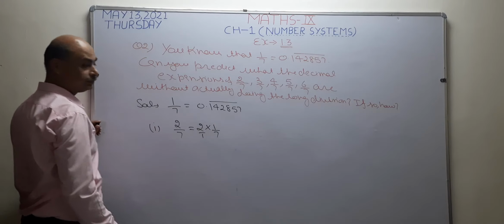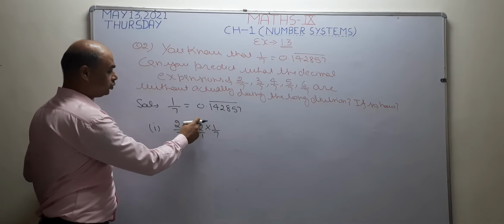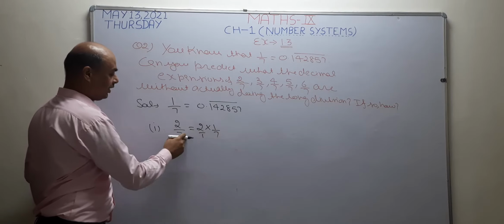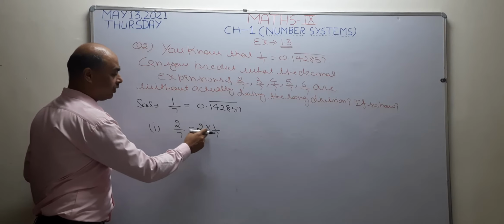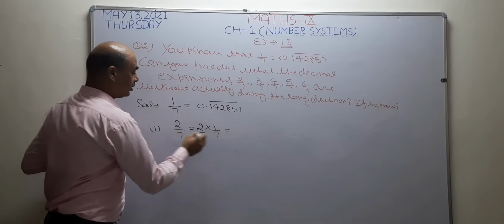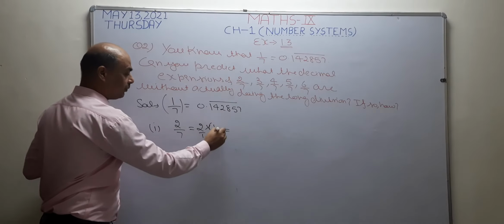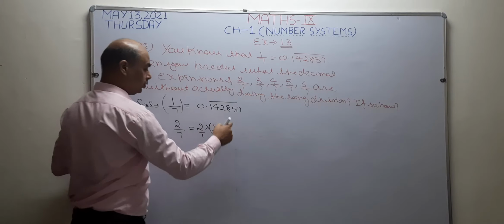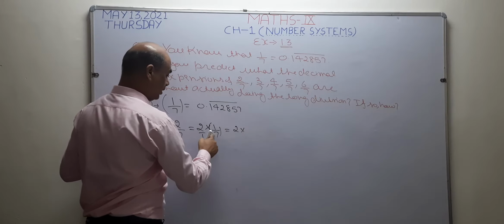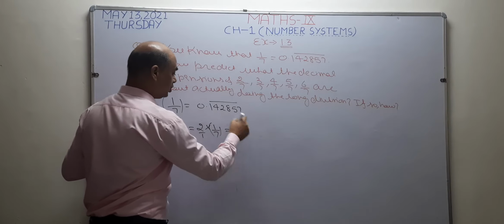Is it possible? Yes, it is possible. Why? Because 2 ones are 2, 7 ones are 7. It means 2 by 7 can be written as 2 into 1 by 7. Since the value of 1 by 7 is given, instead of 1 by 7, I am going to write this value. So 2 remains the same, and I want to use this value.